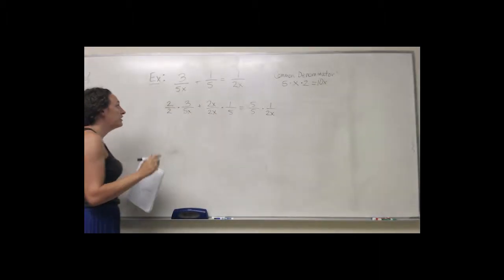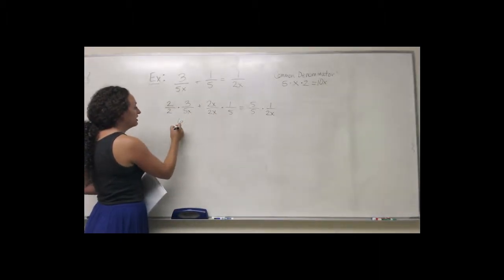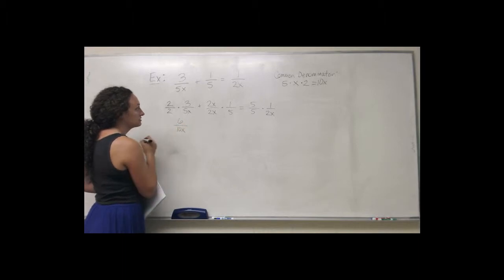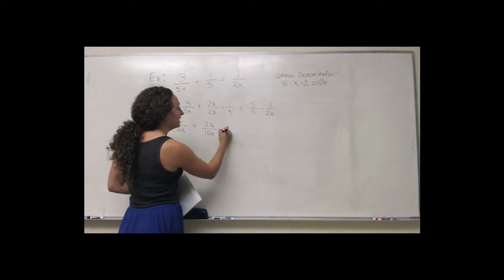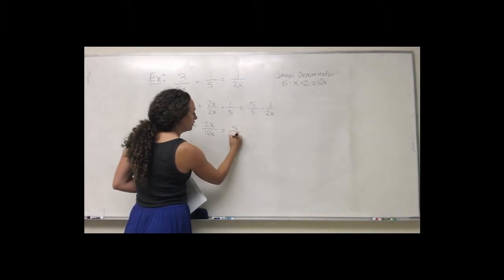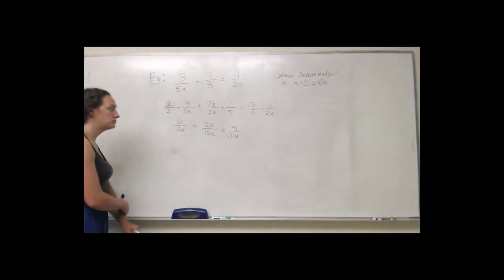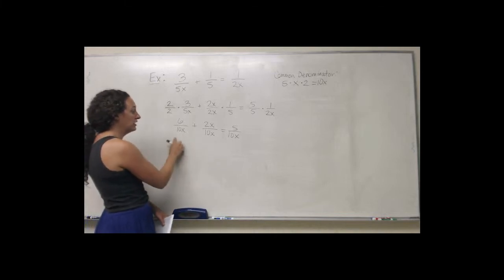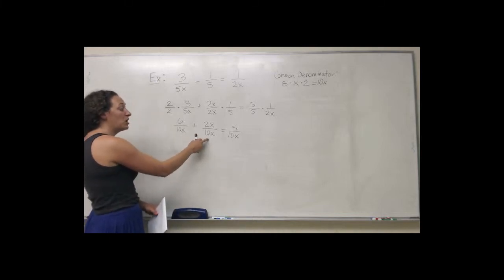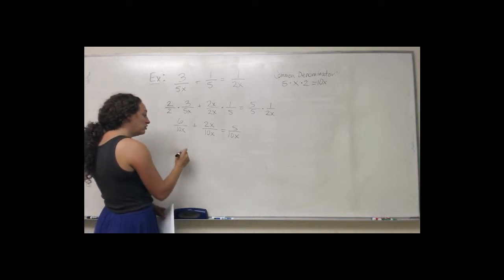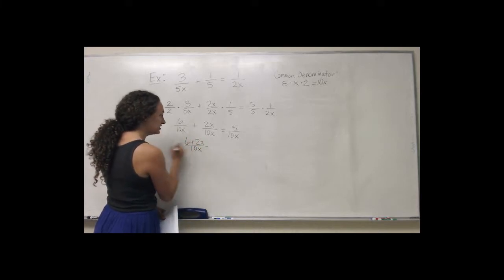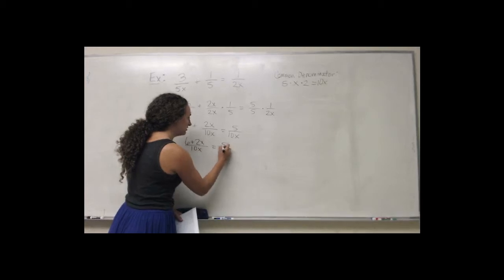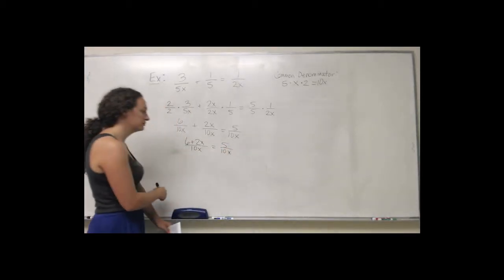Now we simplify. We end up with 6 over 10x plus 2x over 10x is equal to 5 over 10x. Simplifying further, I can add these together. There are two fractions with a common denominator, so I just add the numerators: 6 plus 2x over 10x is equal to 5 over 10x.